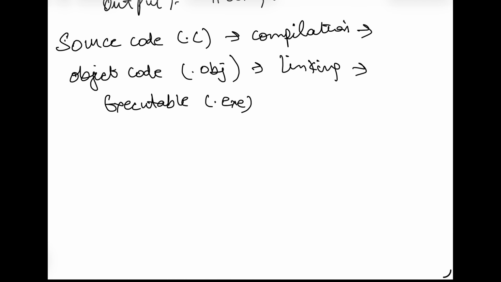Each stage checks syntax, converts your code into machine instructions, and finally creates an executable file.